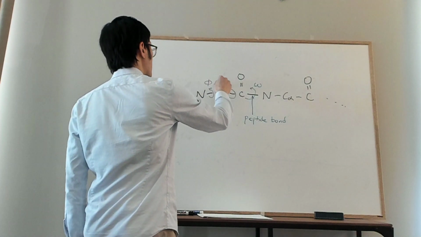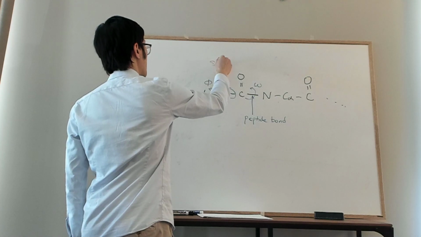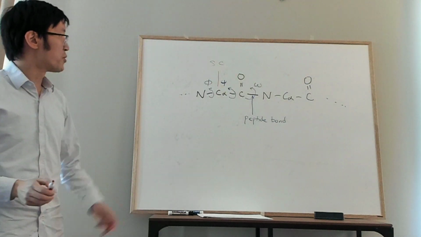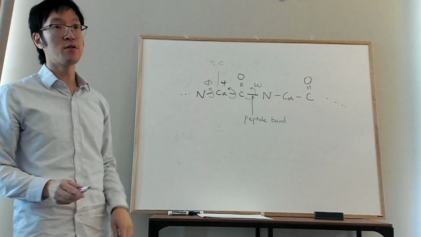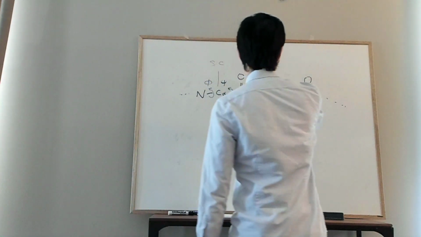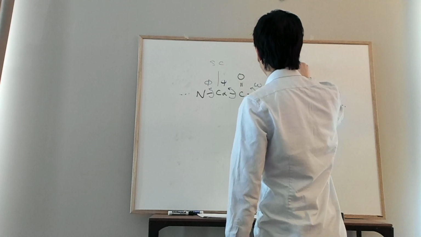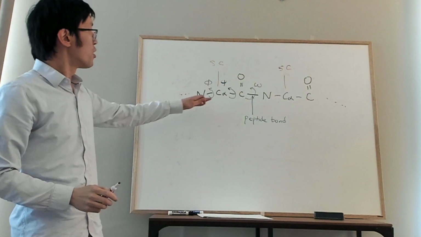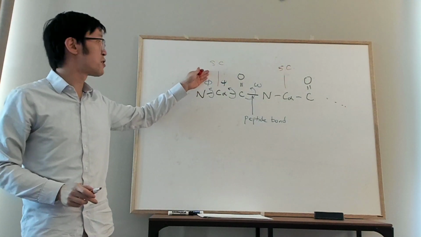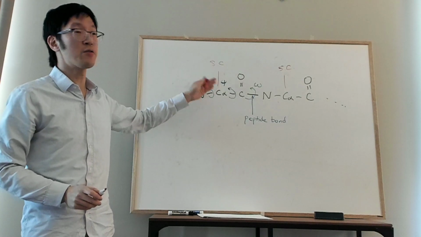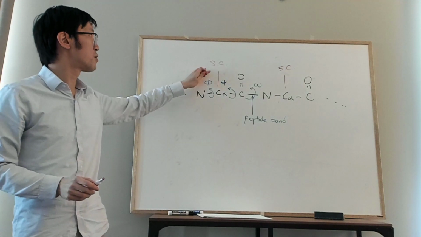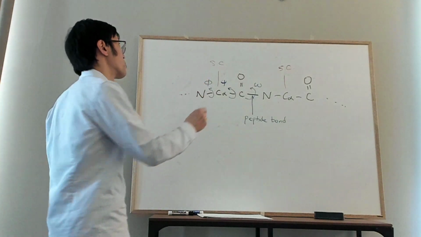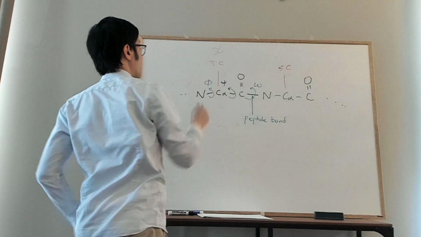These are functional groups that stick out from the carbon alpha. Each of the 20 amino acids has a distinct side chain. Let's say there's a side chain here and a side chain here. For the atoms in the side chain, there's another set of angles that we can use to parameterize the positions of the side chain atoms, and those are the ones that we call chi.